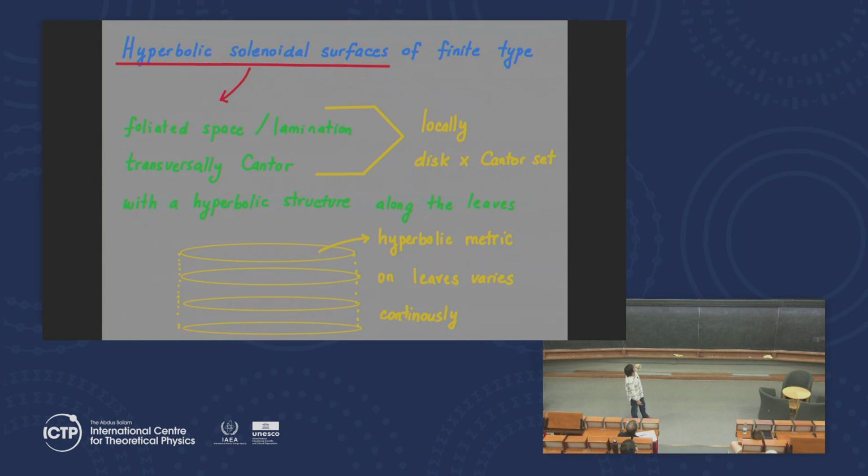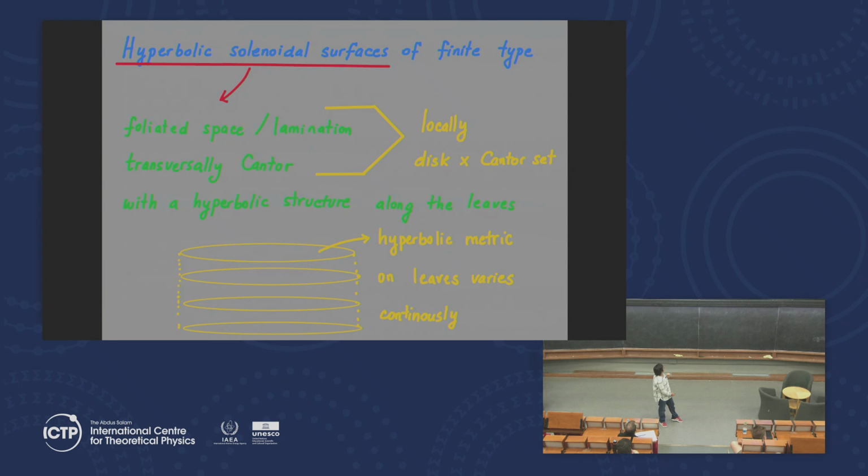So it's a space which is locally a two-dimensional disk times the Cantor set. And then what does it mean for it to be hyperbolic? It means that you have, along the leaves, hyperbolic metrics. And when you vary along the transverse directions, these metrics move continuously. So that's a hyperbolic solenoidal surface.